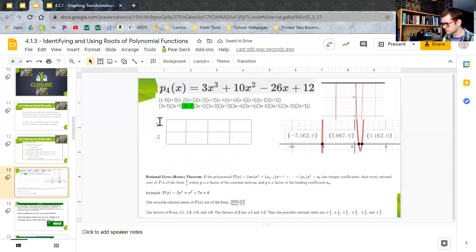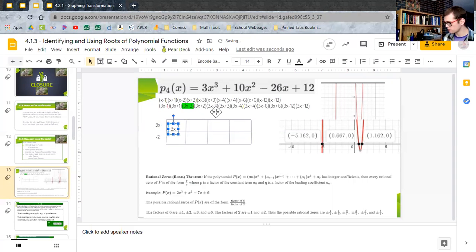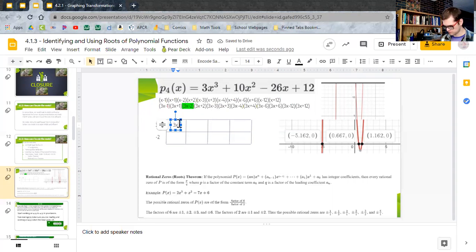So the next thing that should go in is I'm going to take 3x cubed and put it in this box. So 3, which means this needs to be x squared up here, because 3x times x squared will give me what I need.